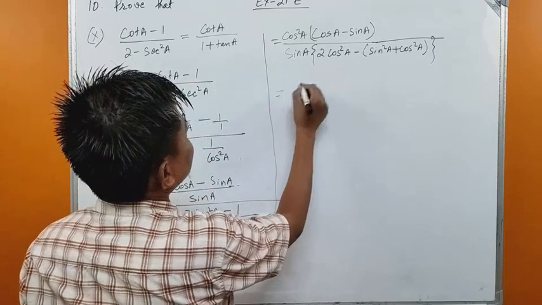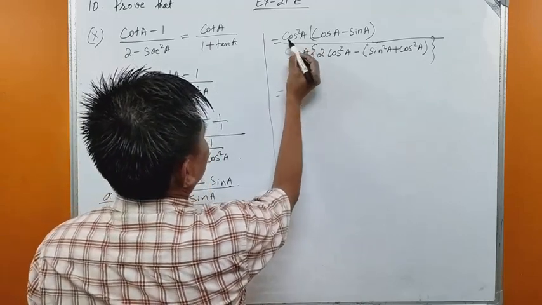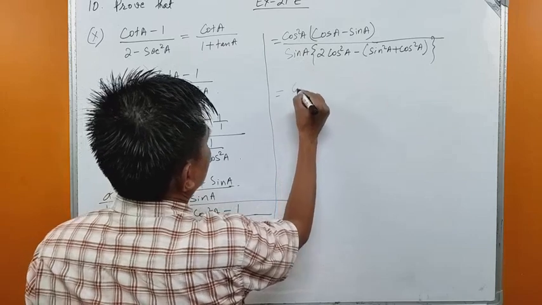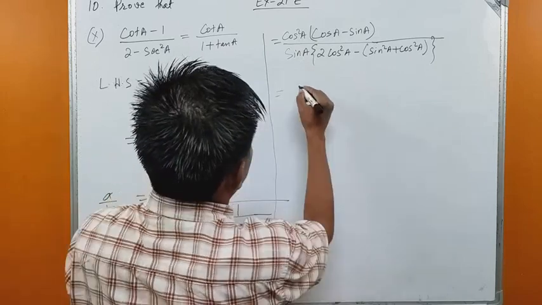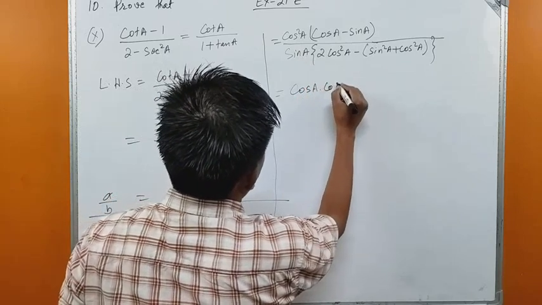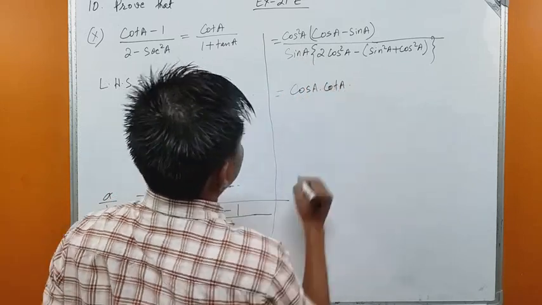So we have cos square A upon sin A, means cos A into cot A, isn't it?